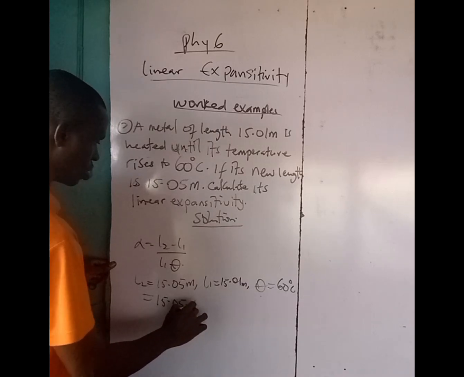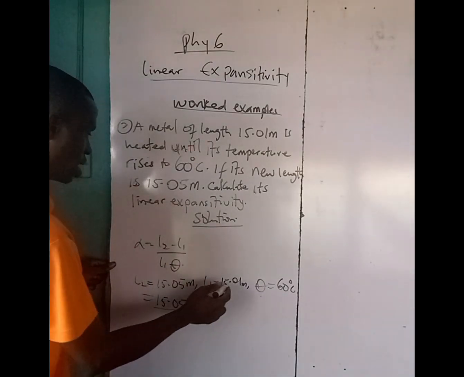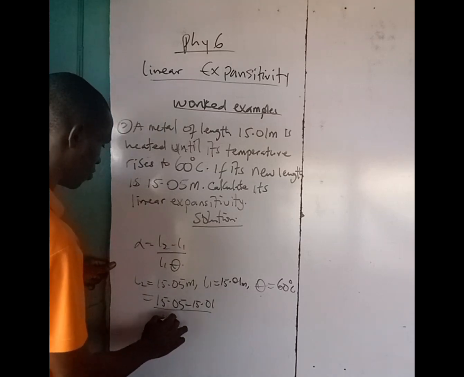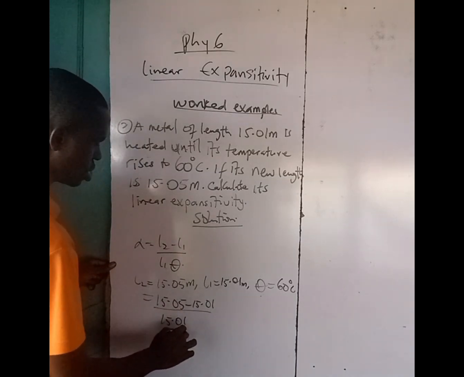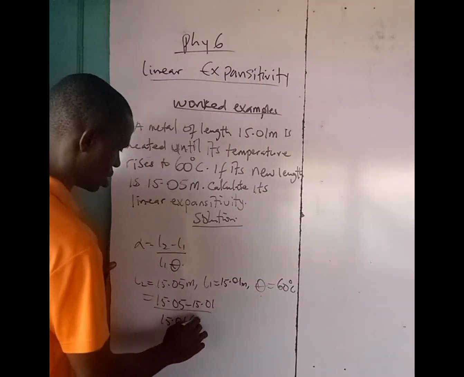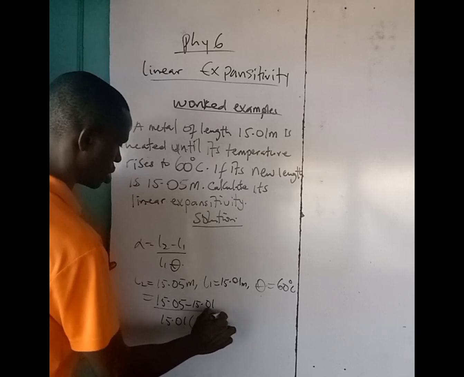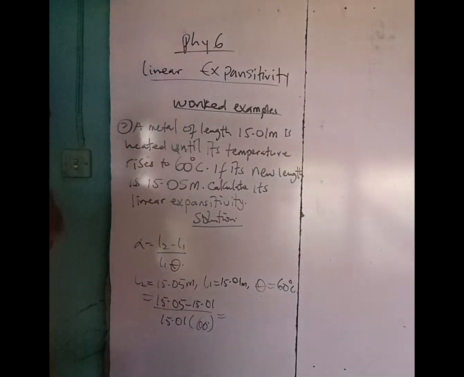15.05 minus 15.01 over L1, 15.01, times theta, 60. Alright, what's going to be our answer?